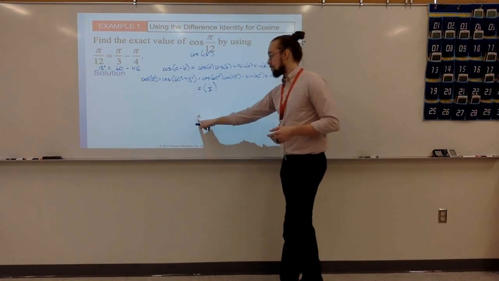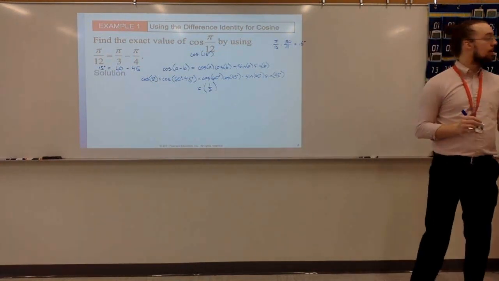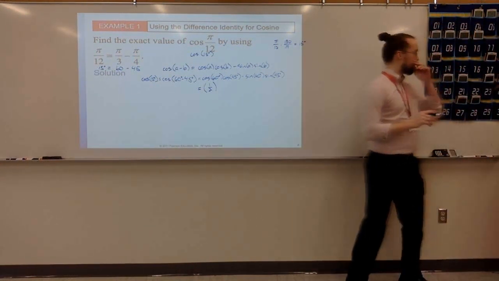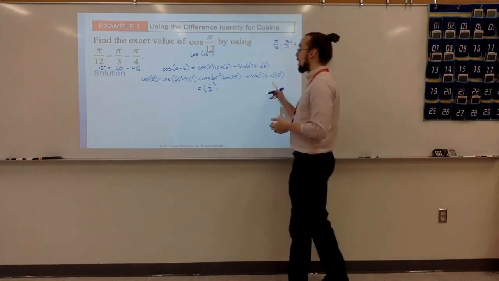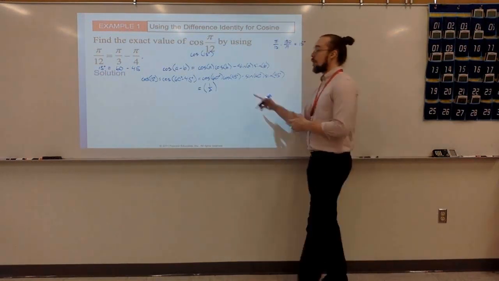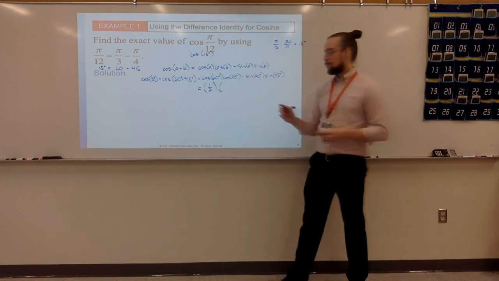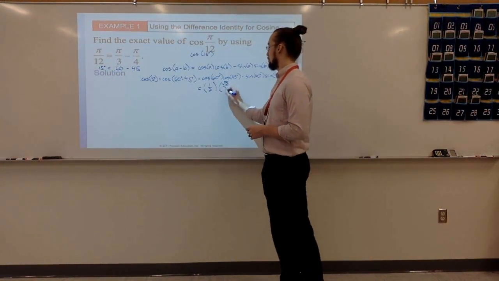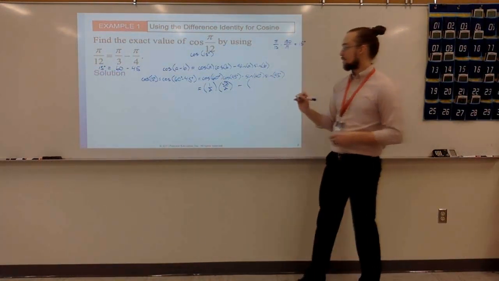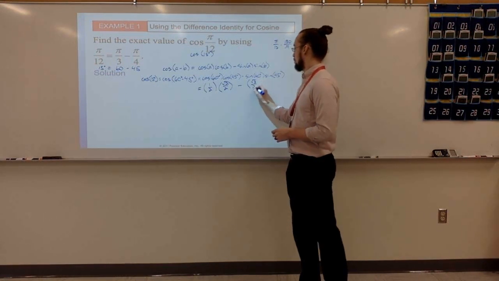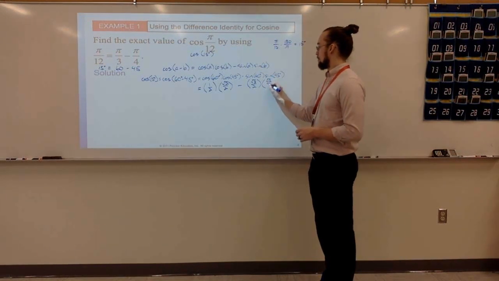So this is another big reason why we need to have those values on the unit circle memorized, so that we can find an exact value like this. What's the cosine of 45? Square root of 2 over 2. What's the sine of 60? Square root of 3 over 2. And the sine of 45? Square root of 2 over 2.